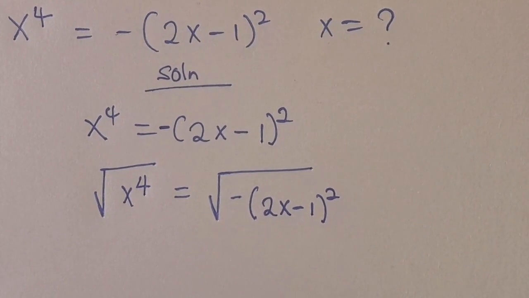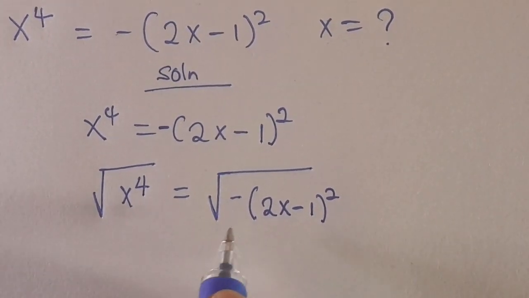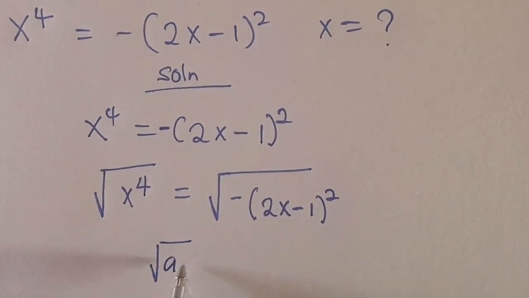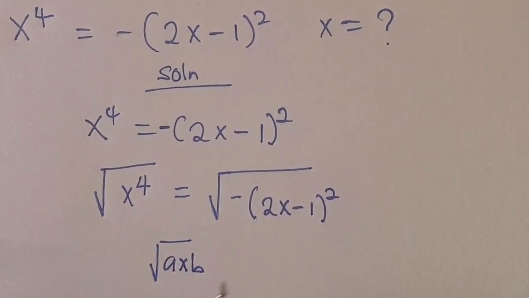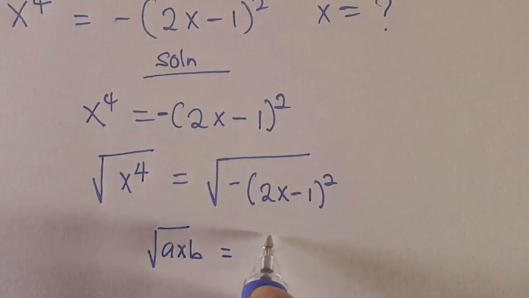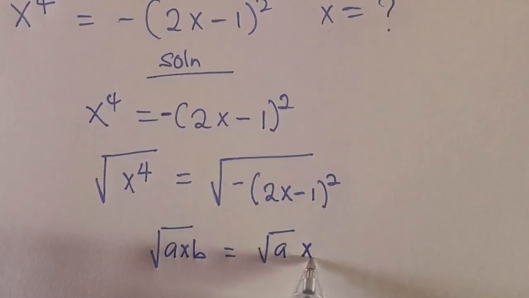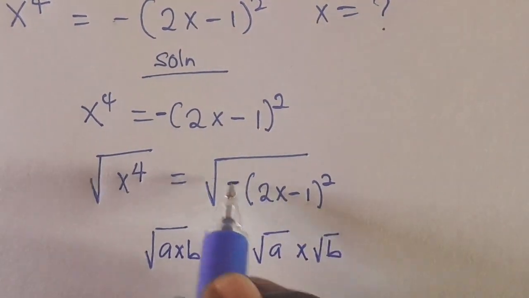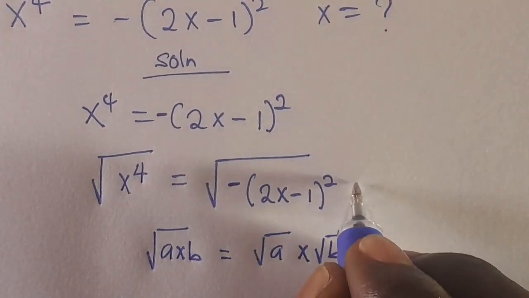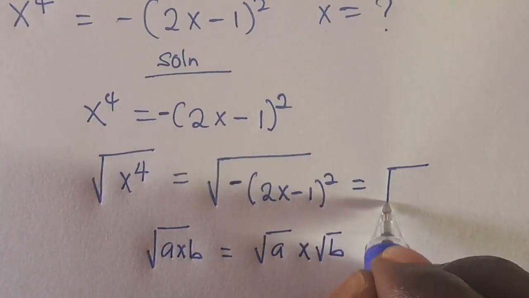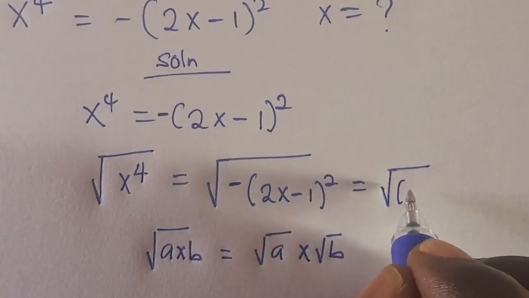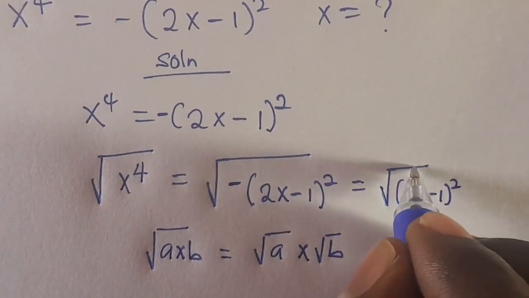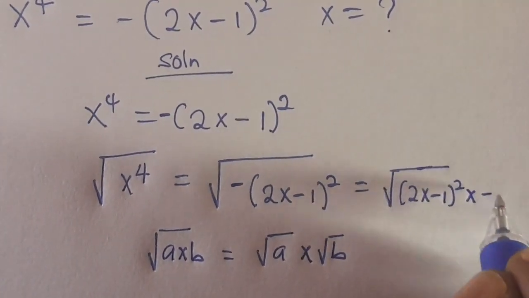Here we recall one thing from law of surds: when you have the square root of a times b, this simplifies to the square root of a multiplied by the square root of b. So we can simplify this to the square root of (2x minus 1) all squared, then multiplied by minus 1.